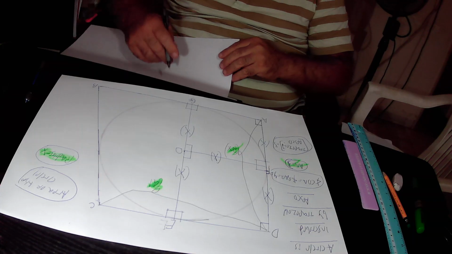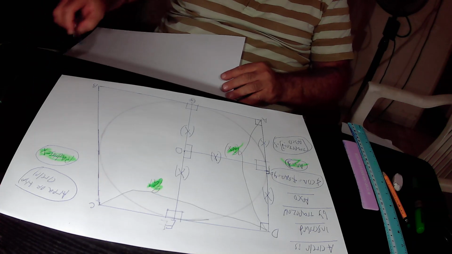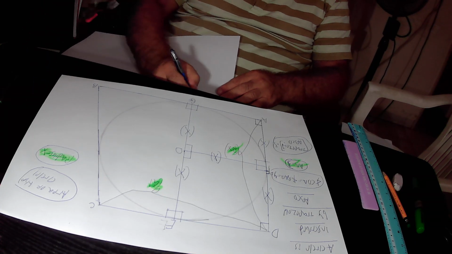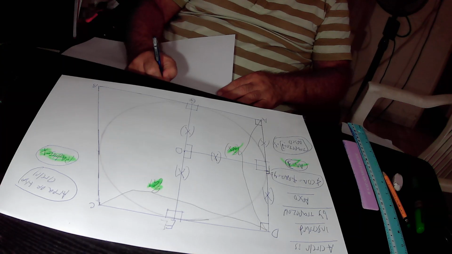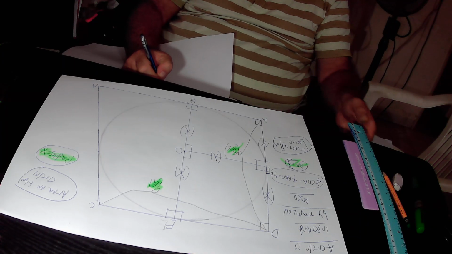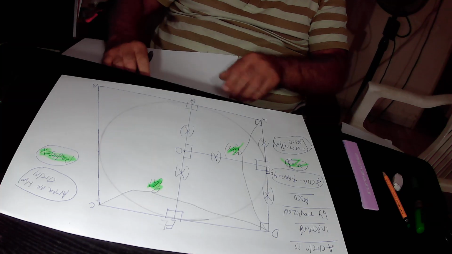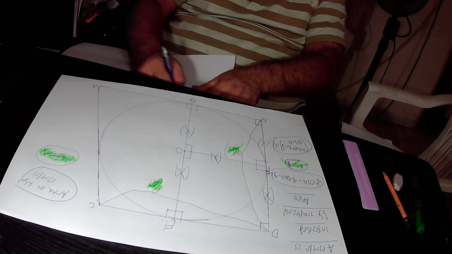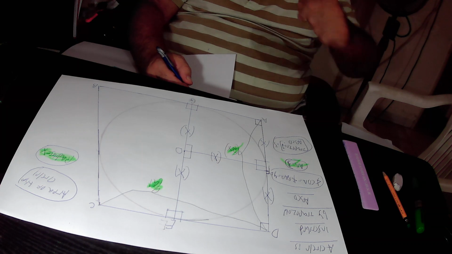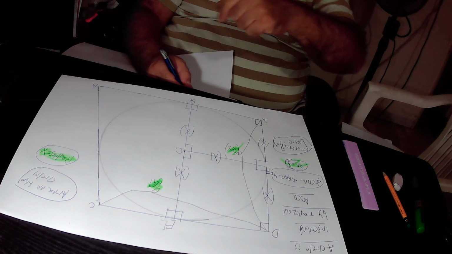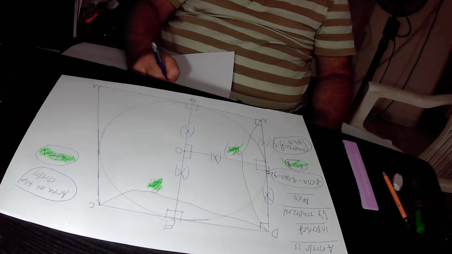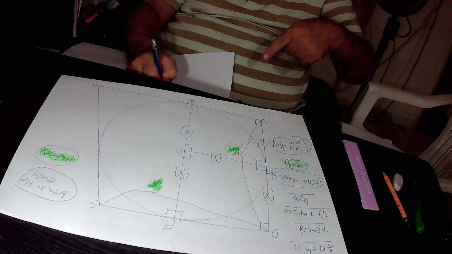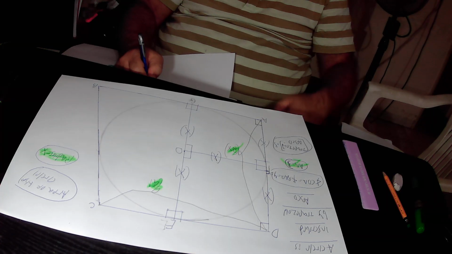So in trapezoid ABCD, we already proved that DA plus the opposite side CB is equal to DC plus the opposite side AB.